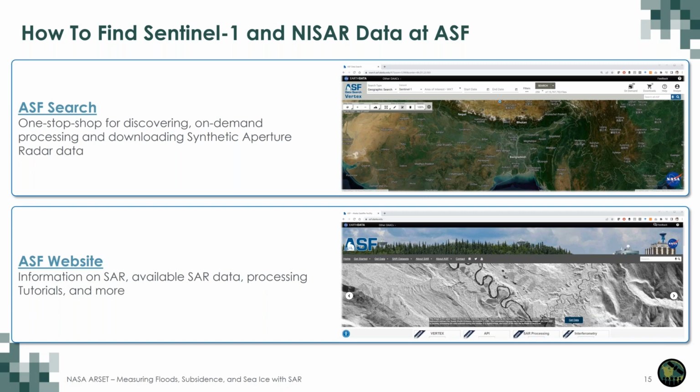I also provided a link to the ASF website. This gives you more information about the sensors we hold and all the other activities that ASF is conducting in the field of synthetic aperture radar. So please check out these links. There are also feedback buttons on this website, which you can use to ask ASF any questions you may have.